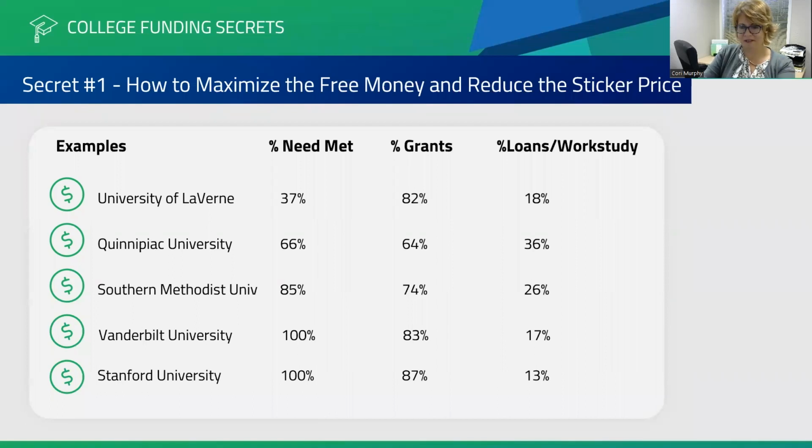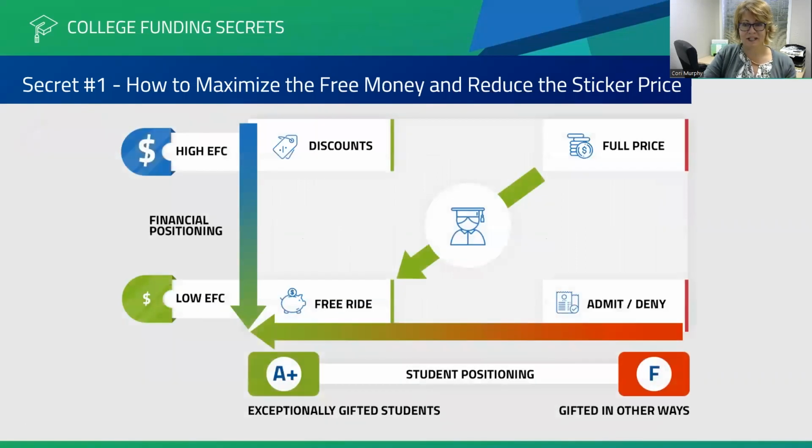All right, and I'm seeing questions in the chat, and that's great. Okay, let's go back to the graph. I'm going to bring this back again and again. This, my friends, is why college selection is so critical on how to maximize the free money and reduce that sticker price on college.